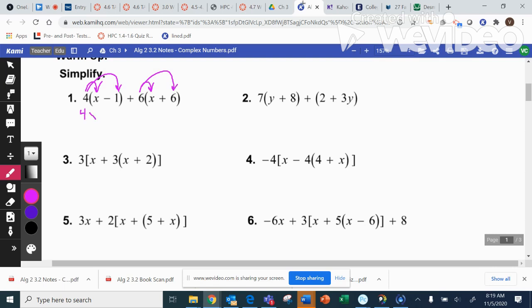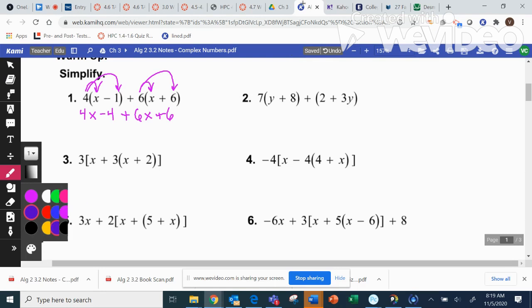I'm going to get 4x minus 4 plus 6x plus 6. And then when it's all addition and subtraction, we look for like terms. And like terms have the same exponents. I'm sorry, not exponents. Variables to the same exponents.